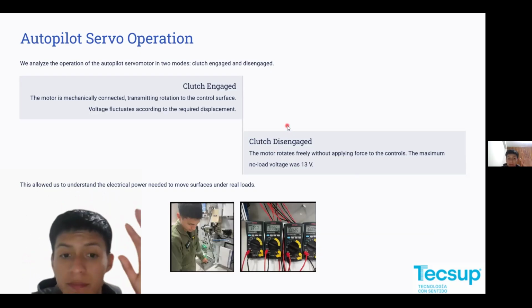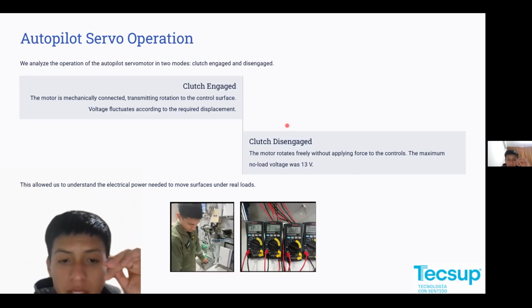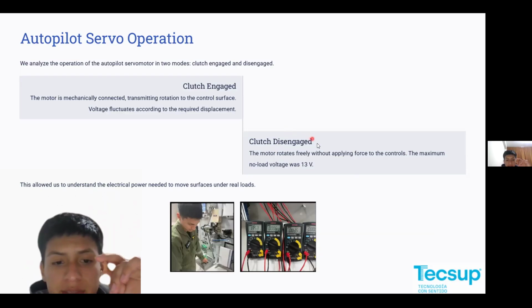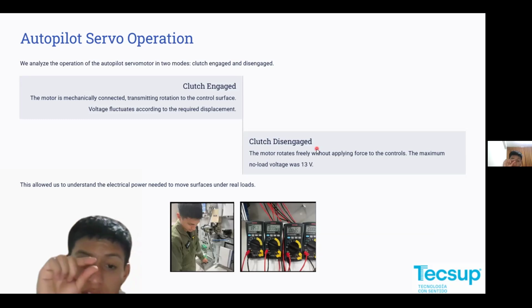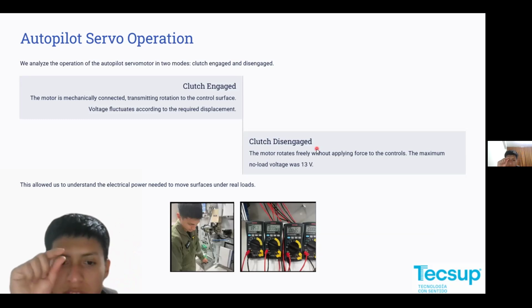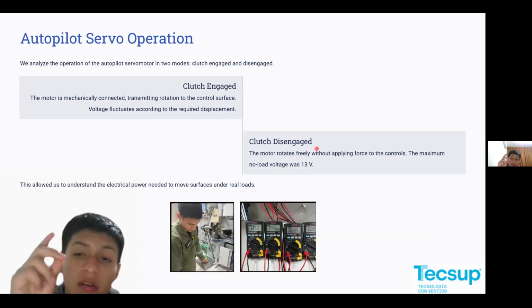Without clutch, the servo reads around 30 volts because the motor spins freely with almost no mechanical resistance. With the clutch engaged, voltage variable depending on the load.